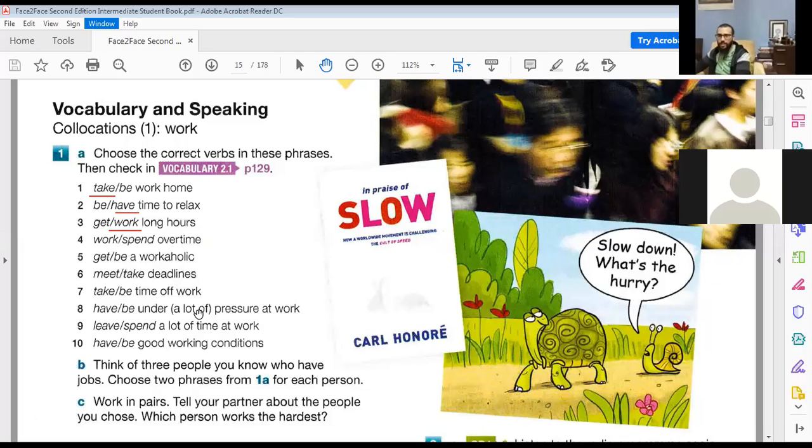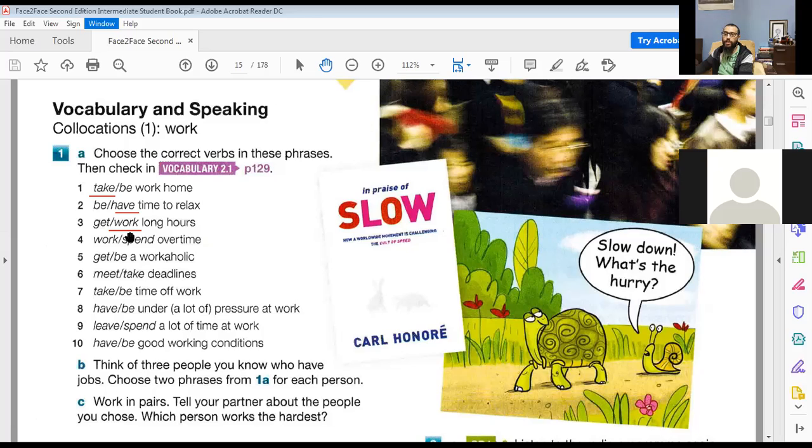Yes. You can't judge the book by one exercise, because in this exercise the focus is on work collocations, which means the most suitable matching or appropriate verb for an expression. So if you want to talk about long hours, you can say I work long hours.